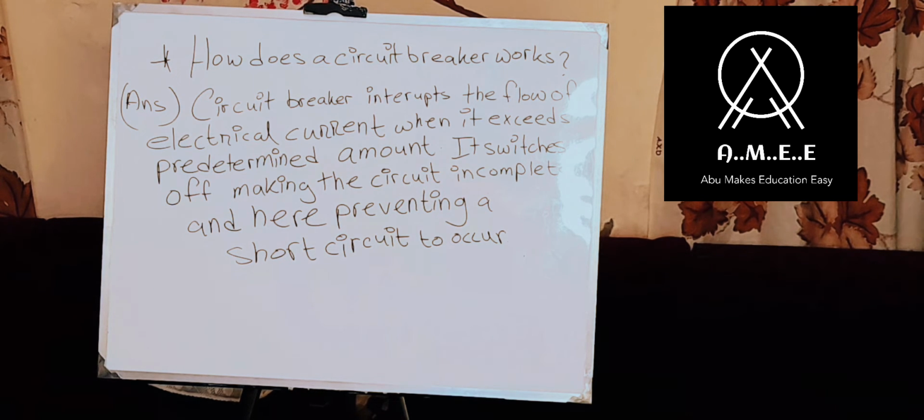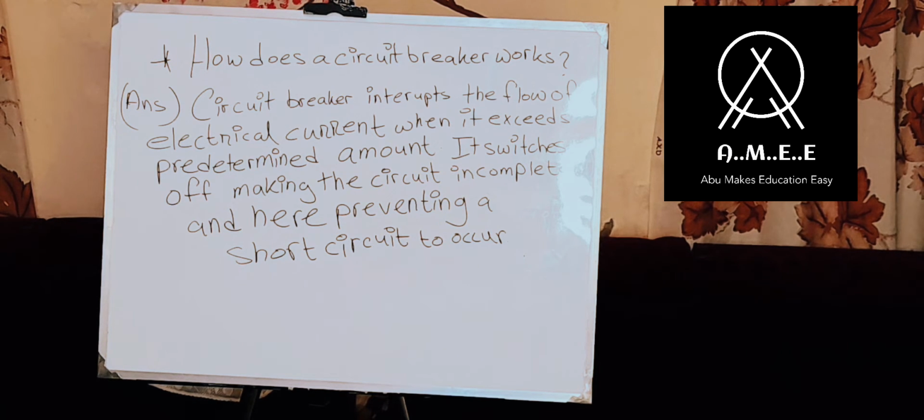The circuit breaker interrupts the flow of electrical current when it exceeds a predetermined amount. For example, I have an electrical appliance for which I need 5 ampere of current.